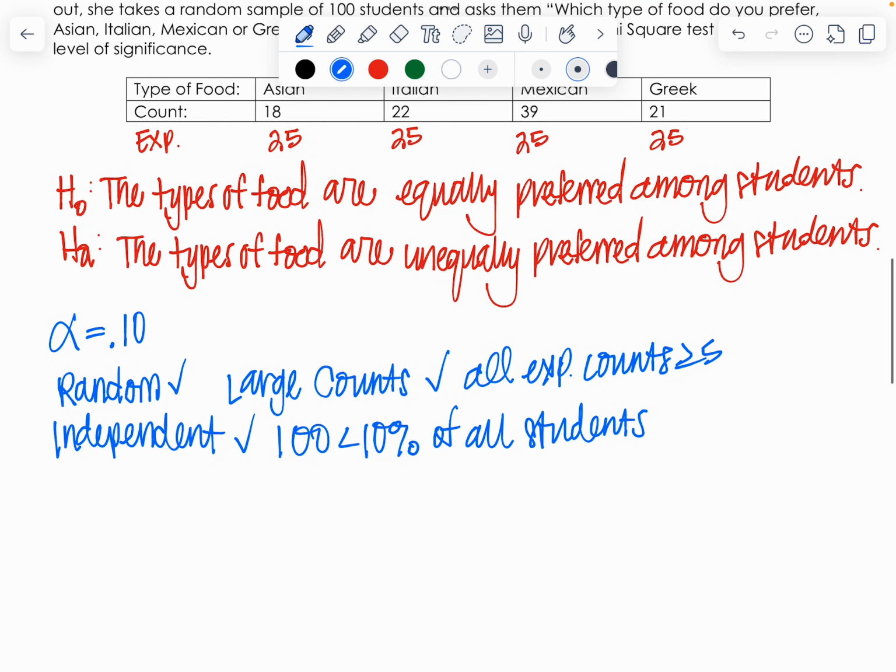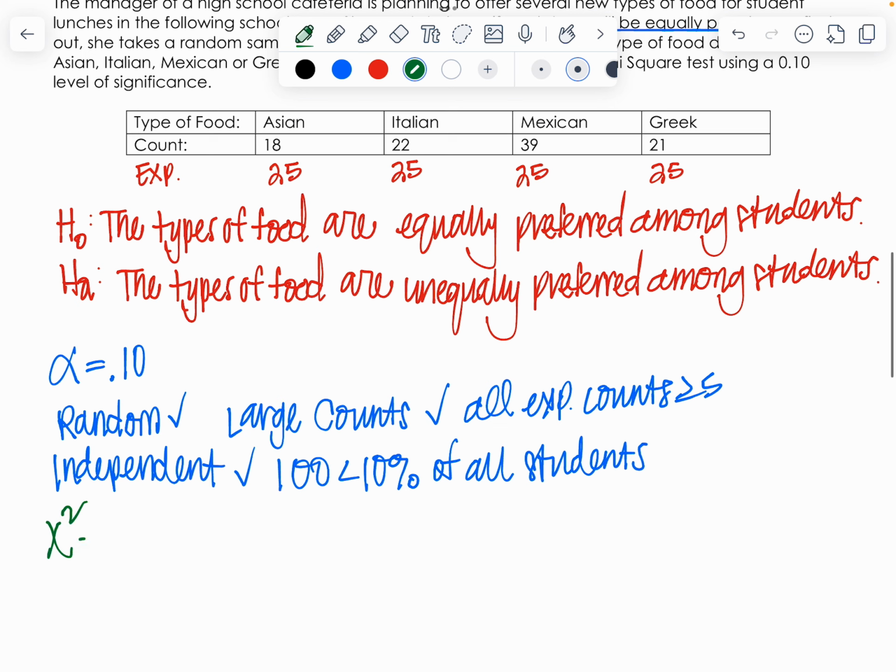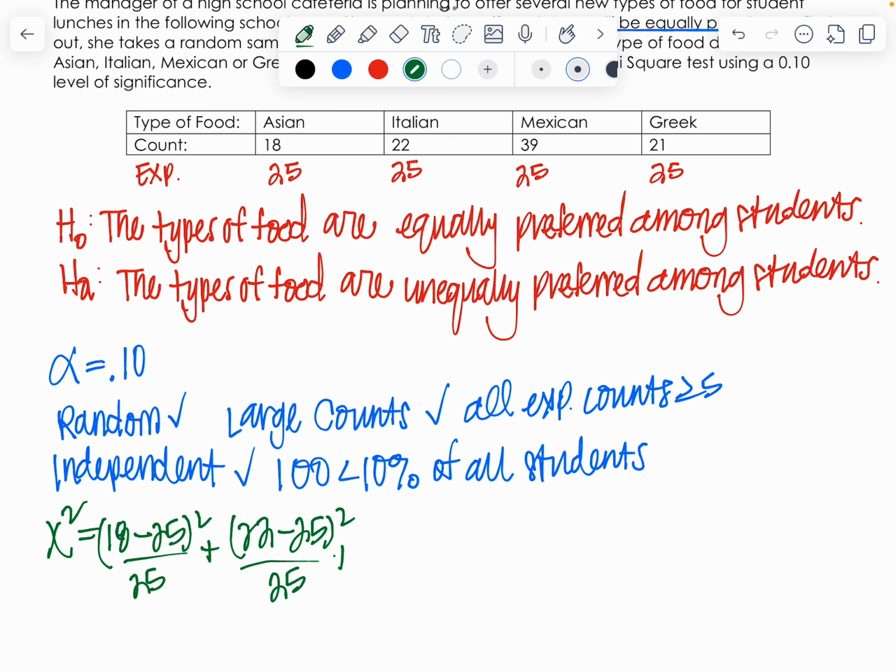All right, now we do our chi-square test statistic. So we'll do observed minus expected squared over expected. 22 minus 25 squared over 25. 39 minus 25 squared, and 21.